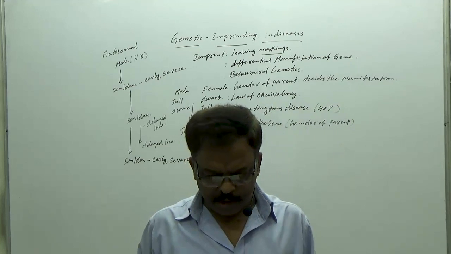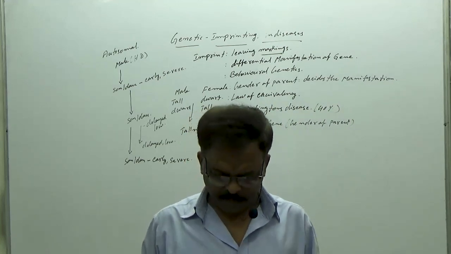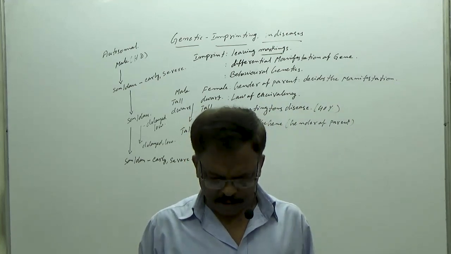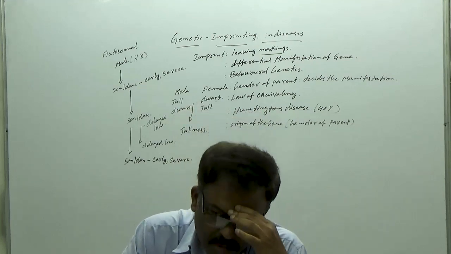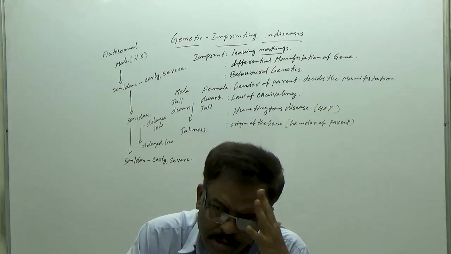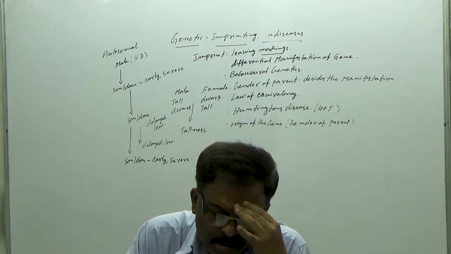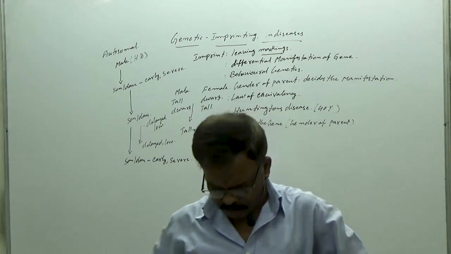Such a differential manifestation based on the gender of the parent is known as imprinting.